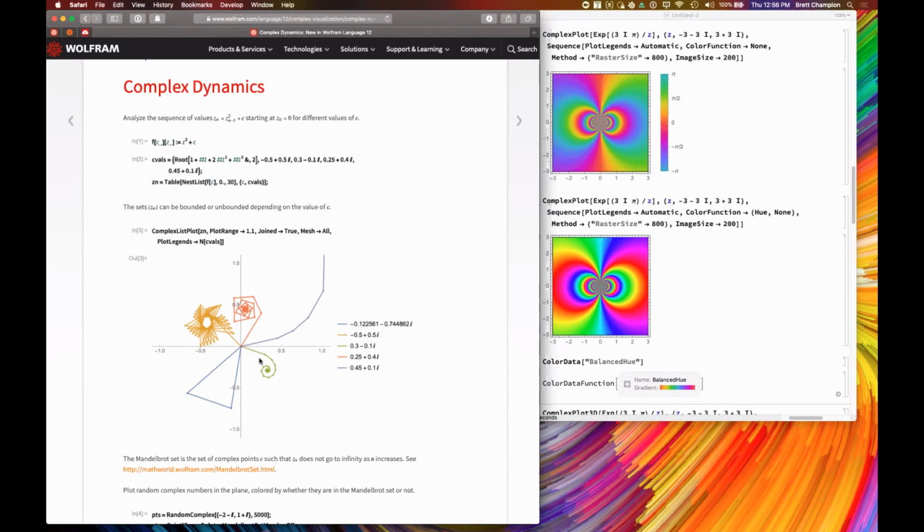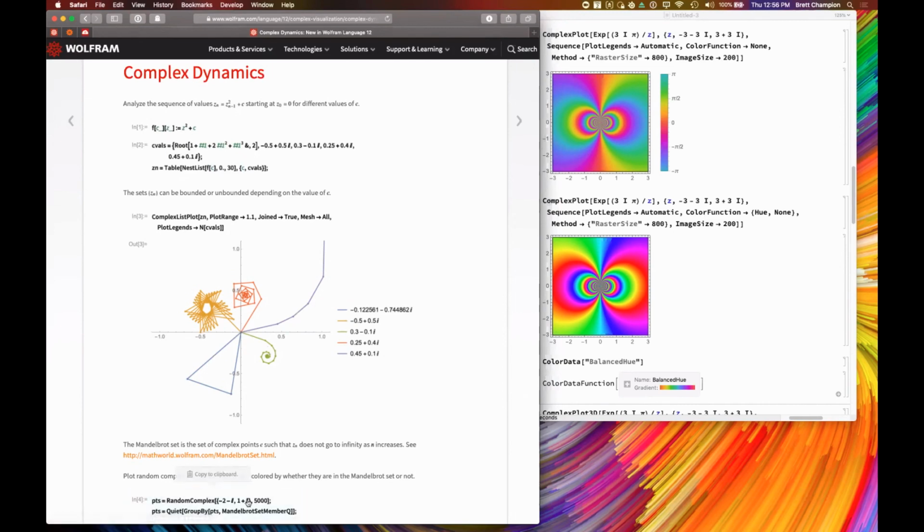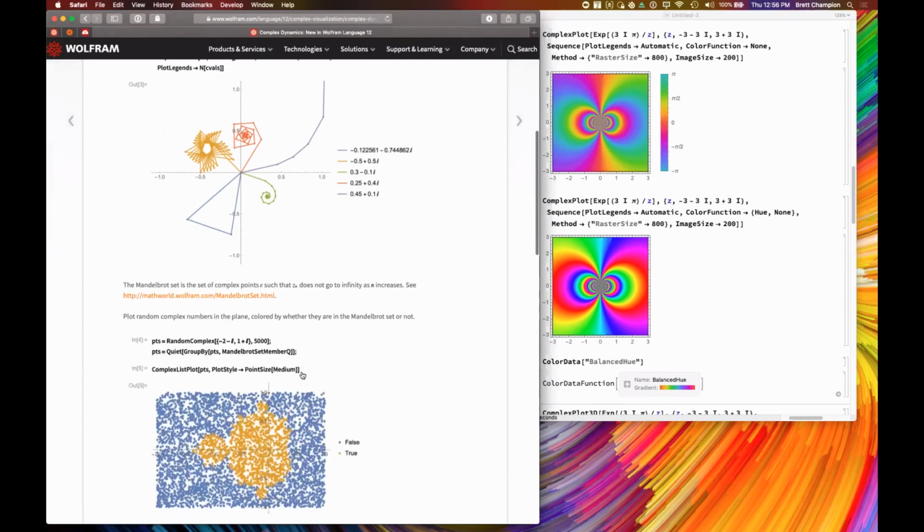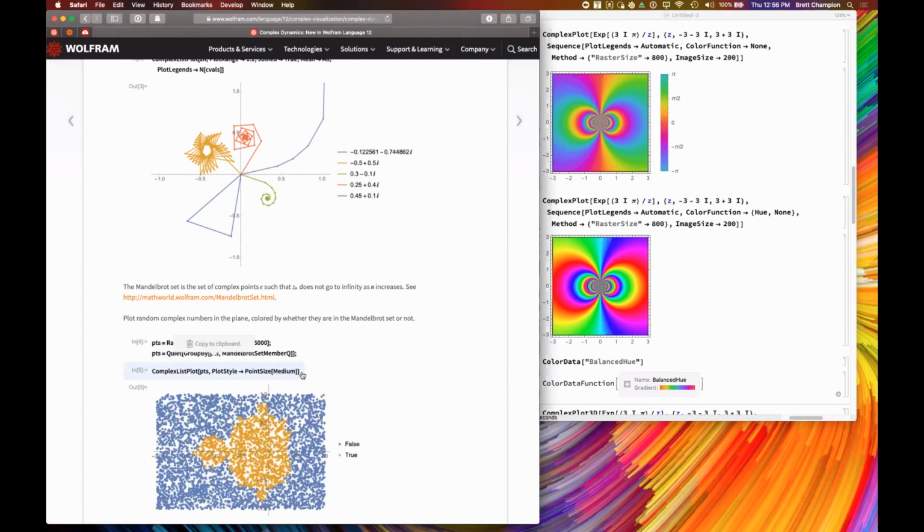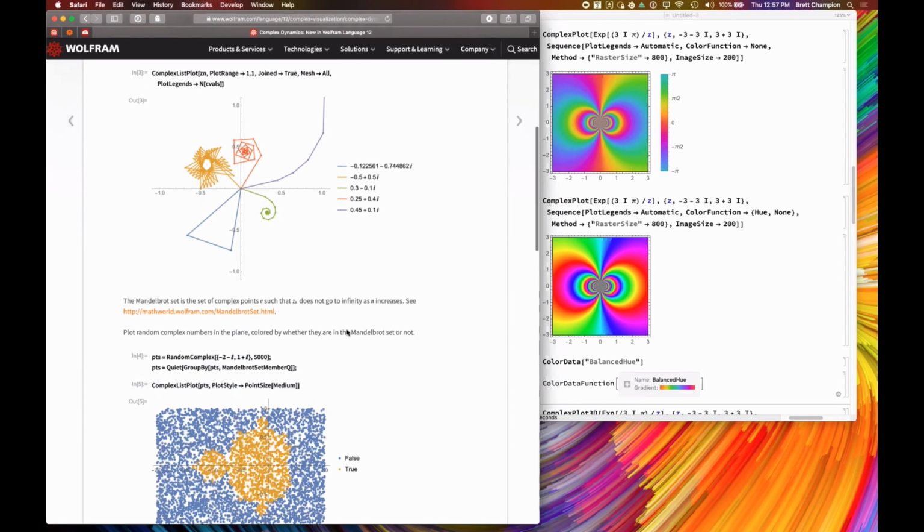And then the other thing that occurred to me as a simple example of complex list plot is that we have this function called MandelbrotSetMemberQ that tells you whether a point is in the Mandelbrot set or not, whether that point converges or diverges under that iterated map.